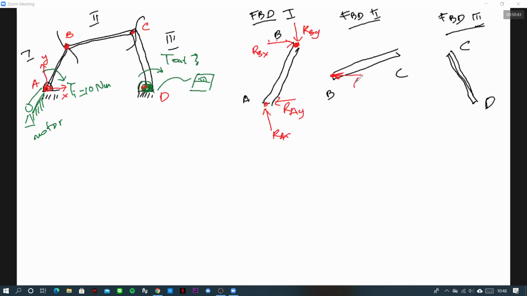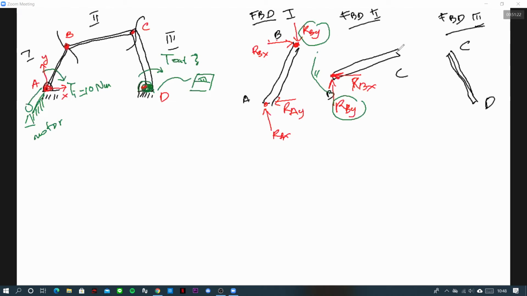If RBX is going to the right for link 1, then for body 2, RBX is going to the left. The same here, going upward like this, RBY. But remember, the values should be equal.